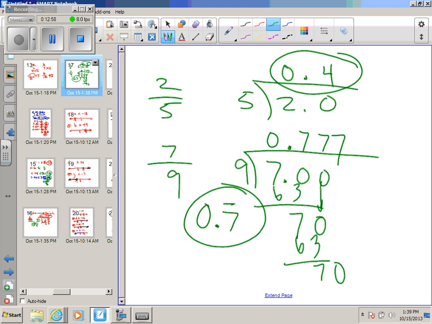Let me just make sure I got the right number of problems for you. Come here. Bring your sheet up here. I'll write it down. I don't want to say it out loud in case anyone starts to... Okay?